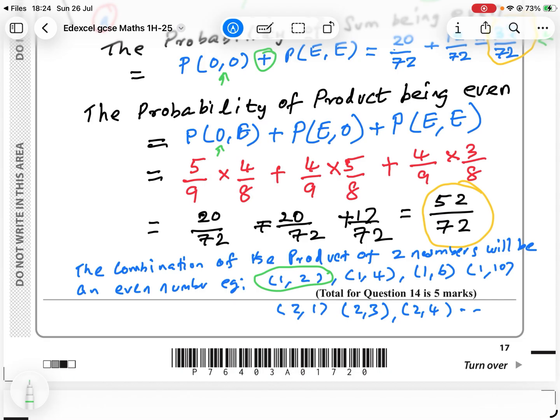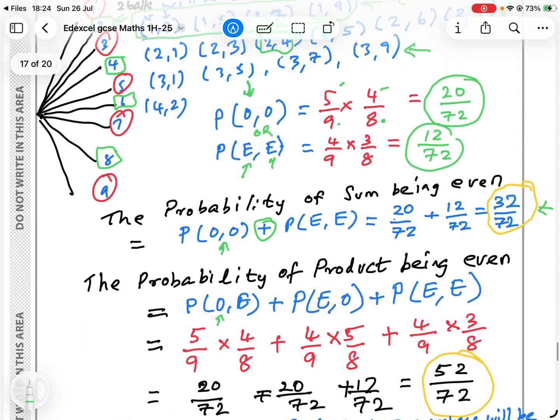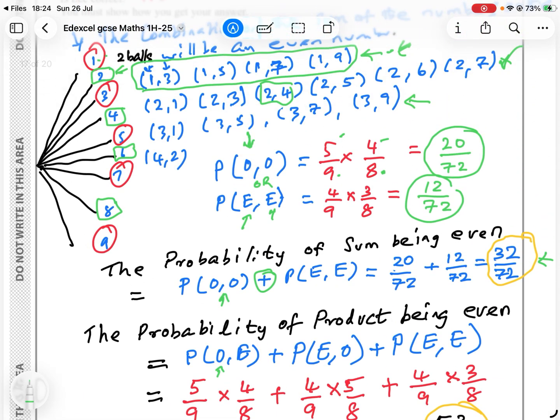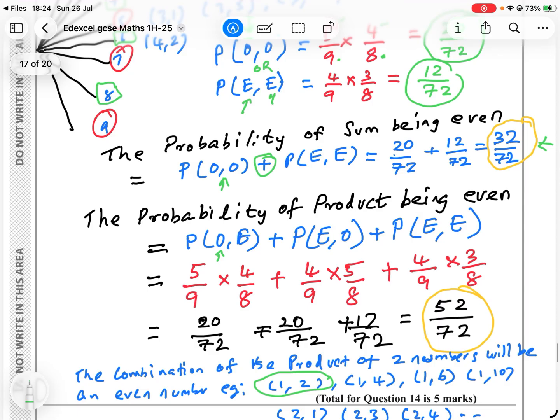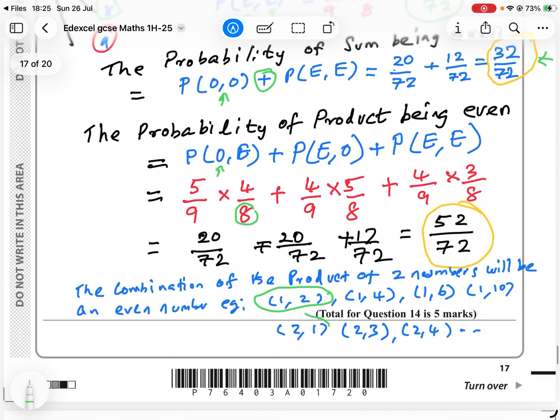So odd numbers, we know you have 5 odd numbers. Already I explained here, red circle, 1, 2, 3, 4, 5. So 5 over 9. For the second ball to be an even number, you have 4 even numbers, but you already took one ball out and didn't put it back. So total balls 8. So 4 over 8. Likewise, if the first ball is an even number, for example, even number 2 and odd number 1.